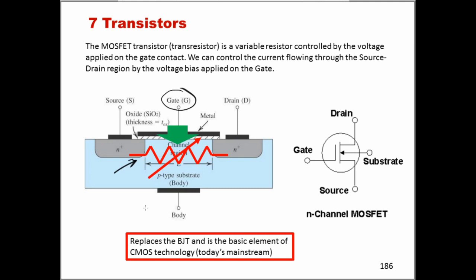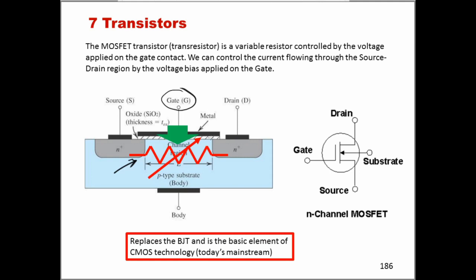This device is extremely low power, and the reason it is low power is because between the gate, which is the controlling parameter, the potential applied on the gate, and the controlled parameter, that is the current flowing through the channel area, there is an insulator.